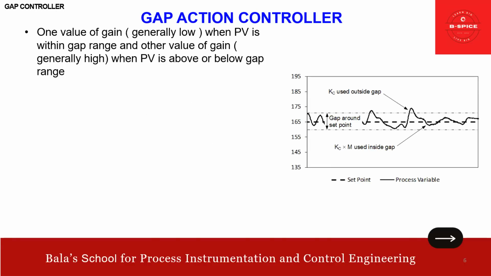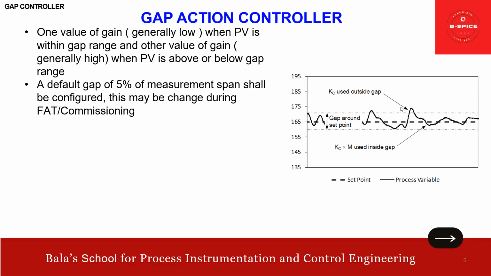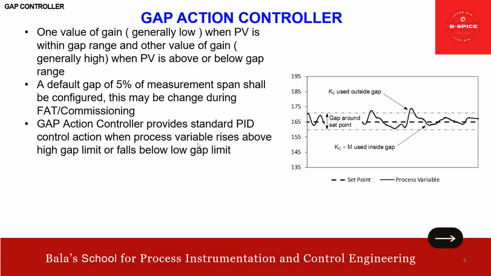Now, a few more points. One value of gain is generally low, when the PV is within the gap range. The other value of gain is generally high, when the PV is above or below the gap range. A default value of 5% of measurement span shall be configured. It may be changed, of course, during FAT or commissioning.